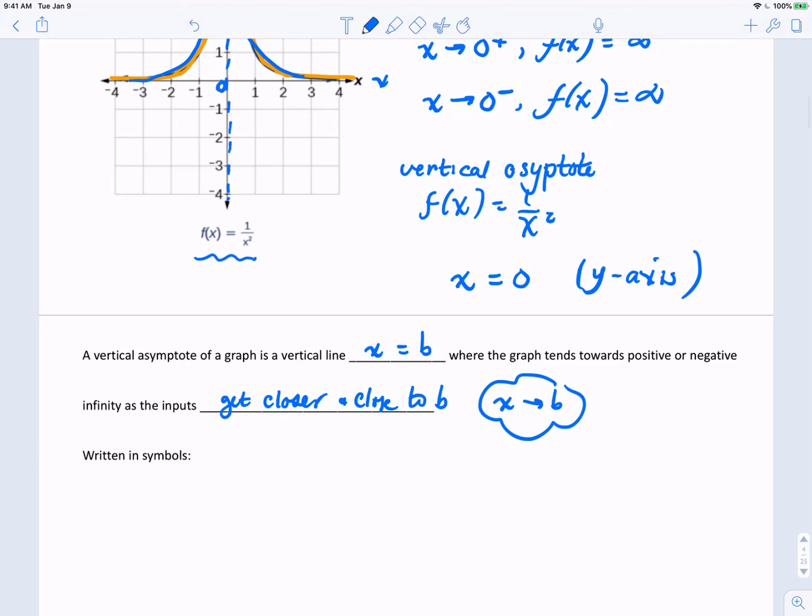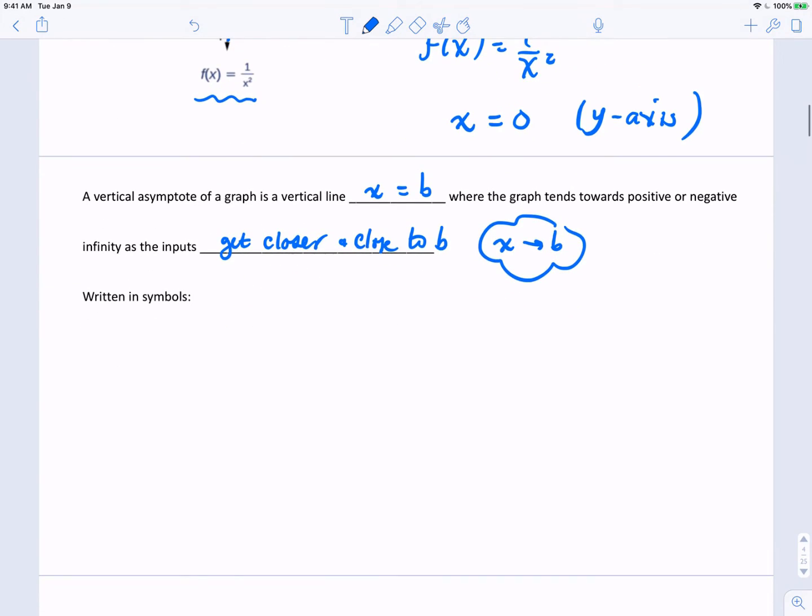So a vertical asymptote of a graph is the vertical line x equals b, in this case 0, where the graph tends towards positive or negative infinity as the inputs get closer and closer to b. So in other words, as x approaches b, f of x approaches infinity, or as x approaches b, f of x approaches negative infinity.